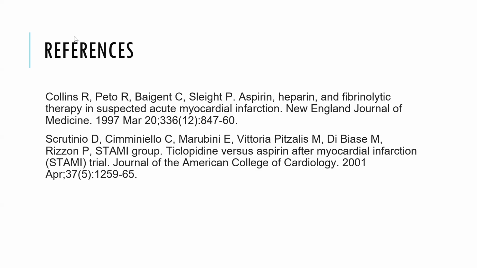The genetic factors are polymorphisms, such as in CYP and GP1A, or P2Y. When you talk about the cellular factors, these include accelerated platelet turnover, increased ADP exposure, and upregulation of the P2Y12. There are two receptors, and apart from the P2Y12 you have more of the P2Y. There's also P2Y1. We need to know that.